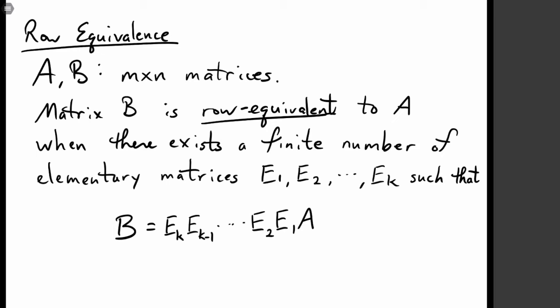Then we do row operations until the left side is the identity. So that means any invertible matrix is row-equivalent to the identity matrix. That's an important fact.